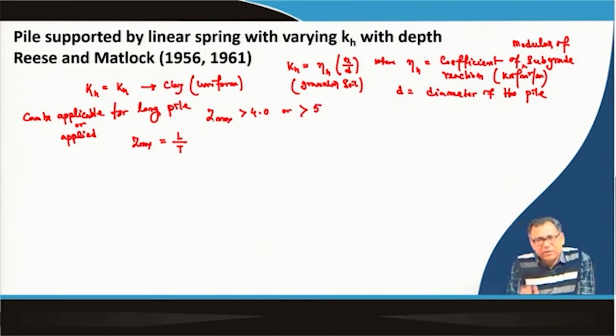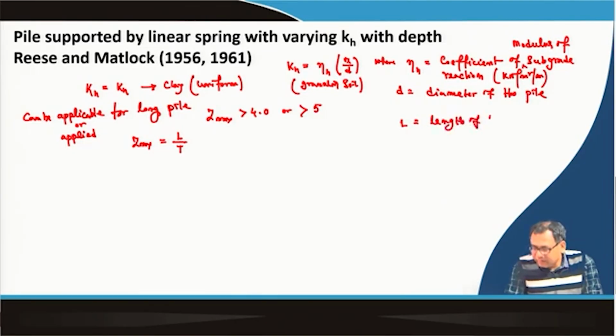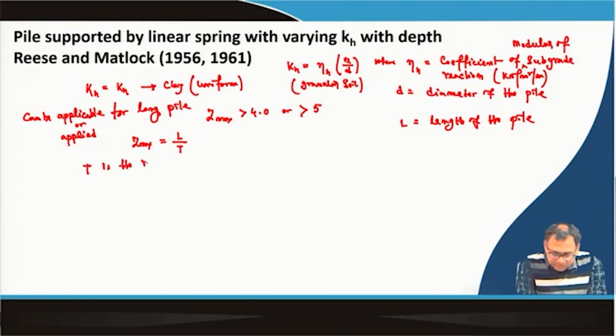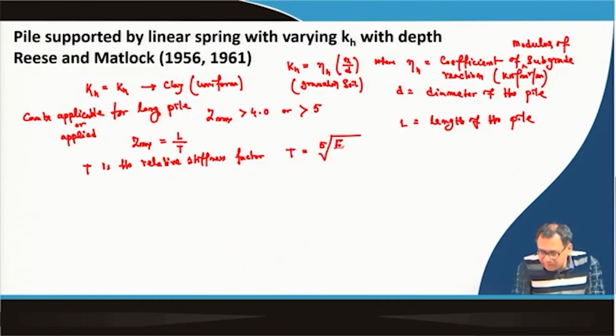I will recommend that if Z max is greater than 4, you can use this approach, where Z max is L by T, L is the length of the pile, and T is called the relative stiffness factor, which can be determined as the fifth root of Ep Ip divided by eta h.